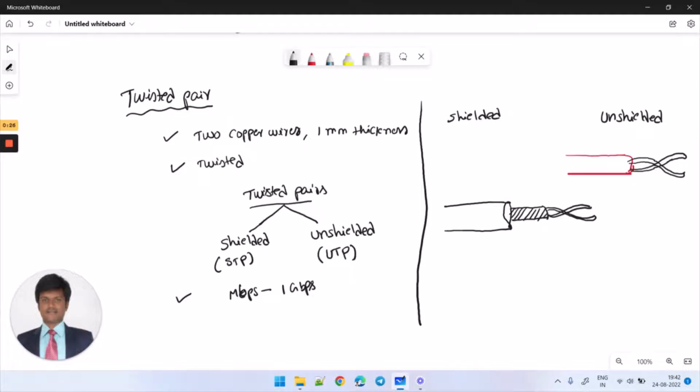The shielded twisted pair will give more protection than unshielded, especially when there is a high chance of electronic interference, such as radio stations. Shielded twisted pair is preferable.